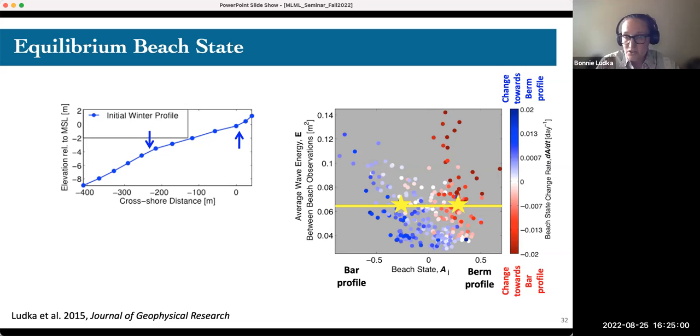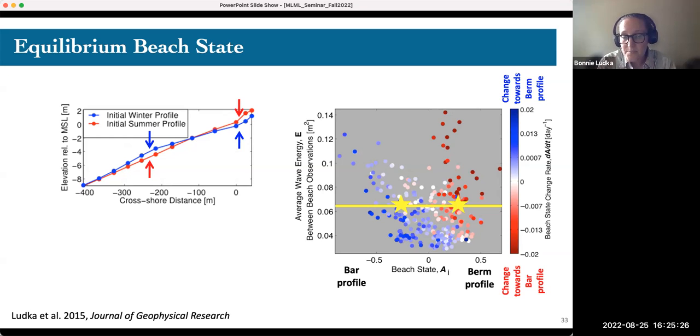In a different case, you have those same offshore wave conditions, but a different initial condition. So you have an initial beach state where that beach is slightly bermed. But in this case, you see that the beach behaves in the opposite manner. The beach will change toward a barred profile. So you have the same offshore wave conditions, but a different initial beach state and a different behavior of the beach.